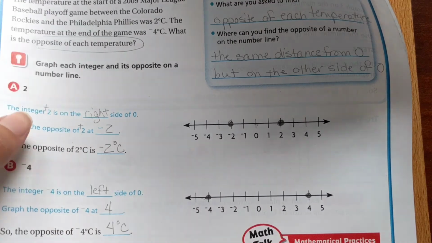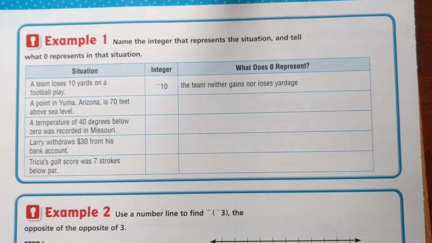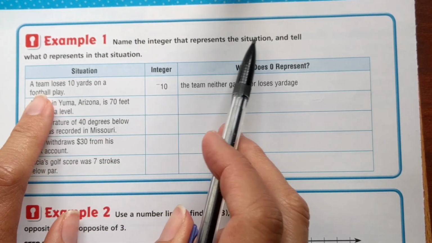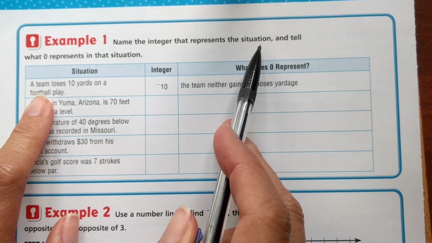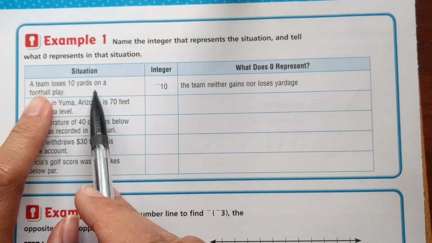All right, let's take a look at the next page because we need to understand what 0 represents. So we need to name the integer that represents the situation first, then tell what 0 represents in that situation.